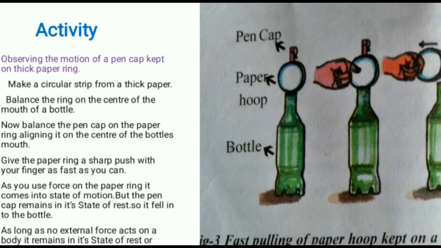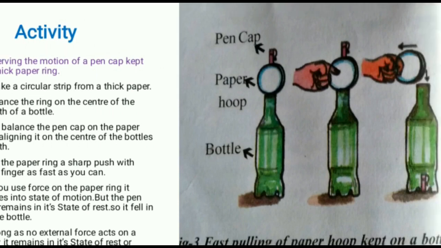As you use force on the paper ring, it comes into a state of motion. But the pen cap remains in its state of rest, so it falls into the bottle.